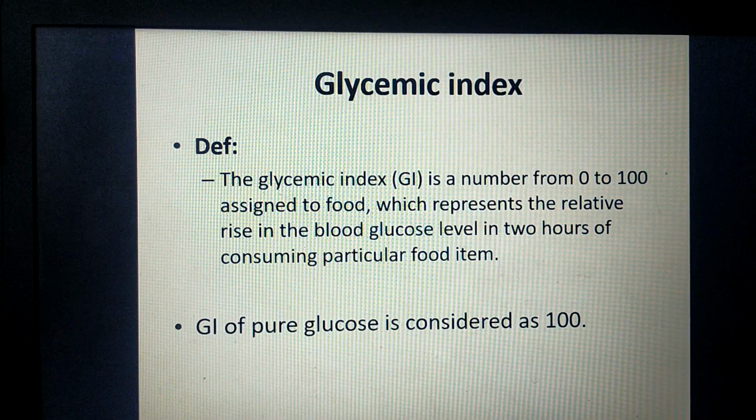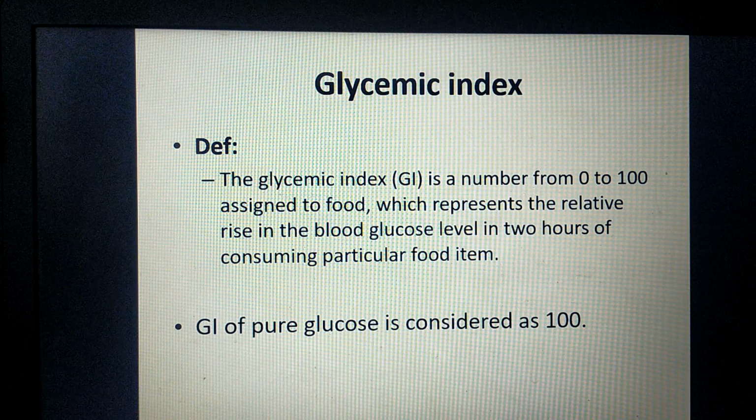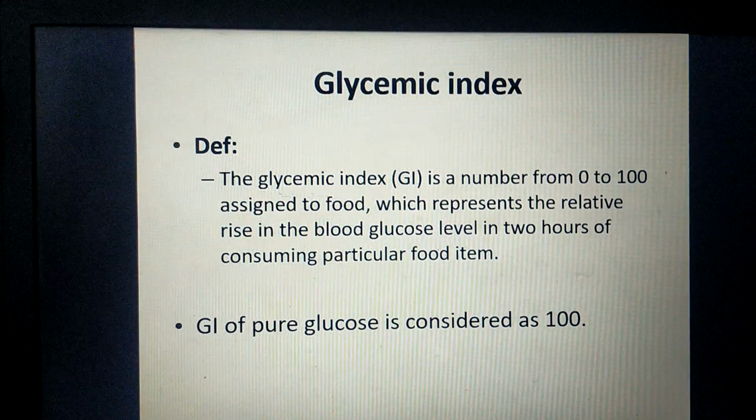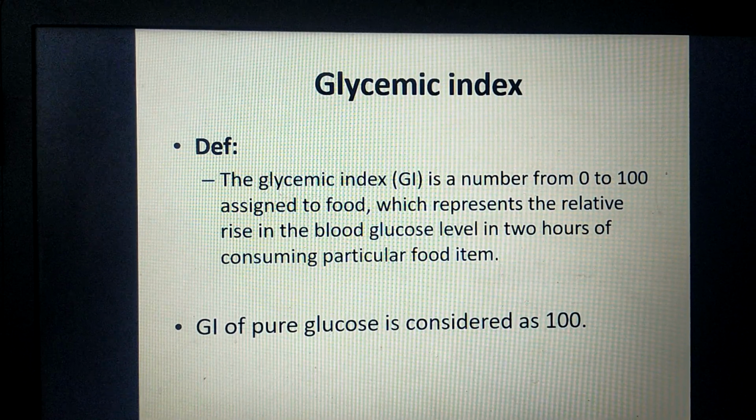Therefore, the glycemic index of glucose is considered as reference and it is taken as 100.